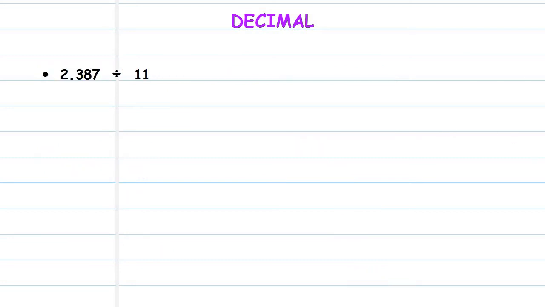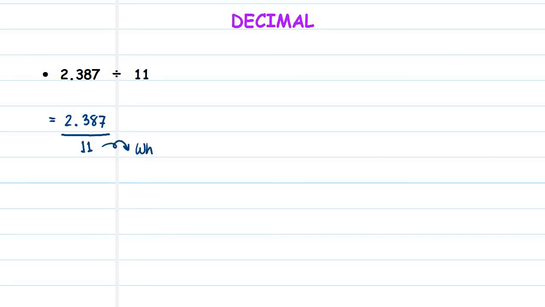Now let's step up a little bit. This time we will divide with a number with 2 digits. And in this case, it's 11. So this will be equal to 2.387 over 11. The first step is to make sure that the lower part is the whole number.